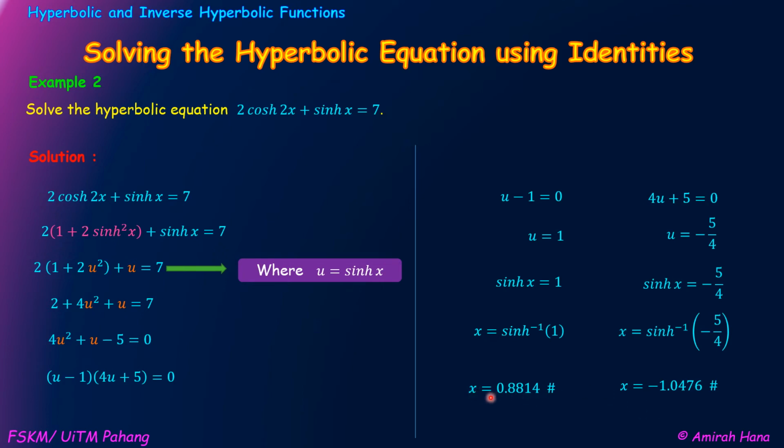To check whether the answer is correct or wrong, we can substitute the value of x into variable x here. If we can prove that the value on the left hand side equals the value on the right hand side, it means that the answers are correct. Got it?